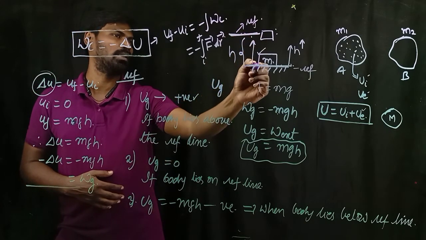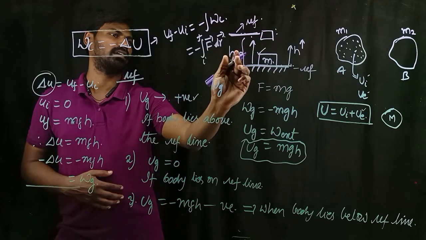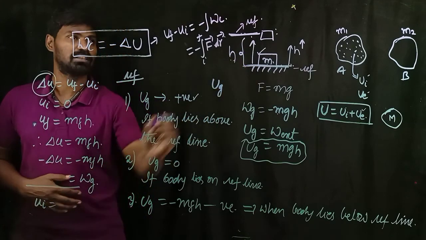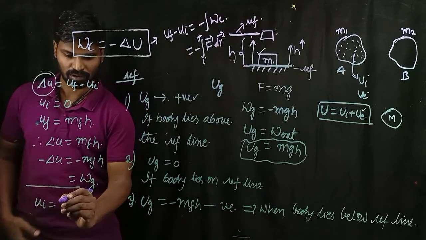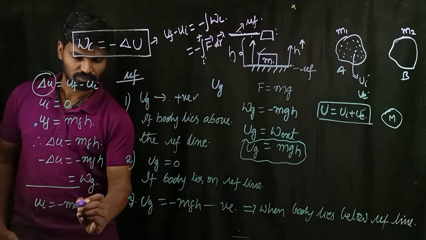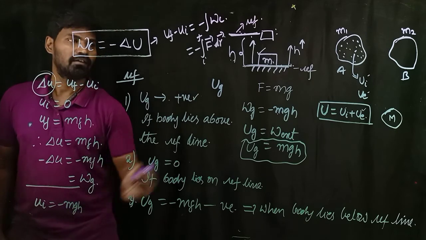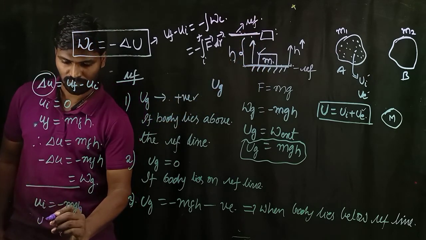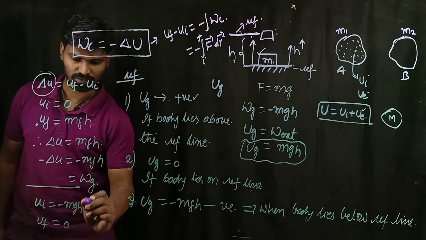Because the body is lying below the reference line at a depth h, initial potential energy Ui with respect to this reference line is equal to how much? Minus mgh. And when the body is moved to this height h, what is the final potential energy? Uf is equal to 0.